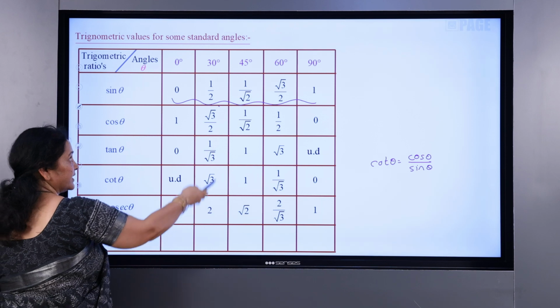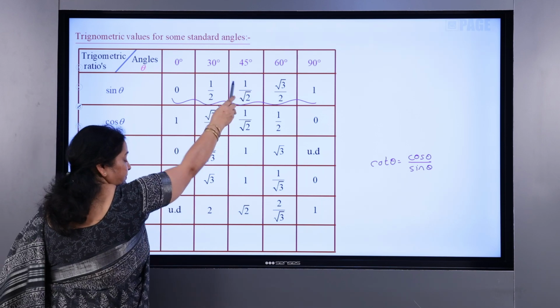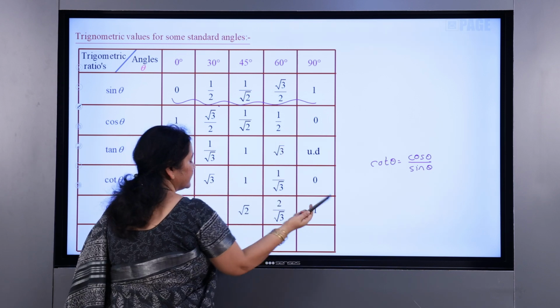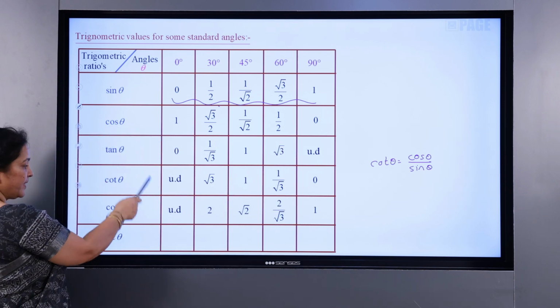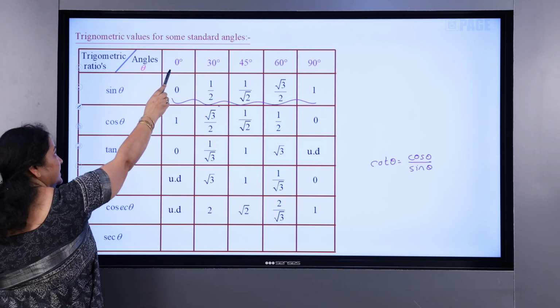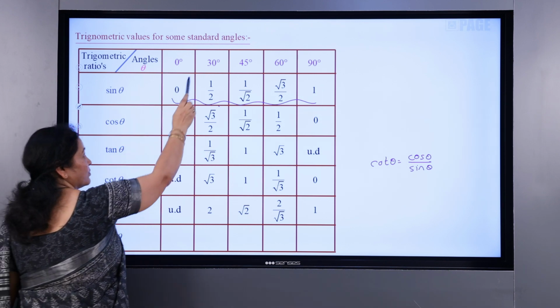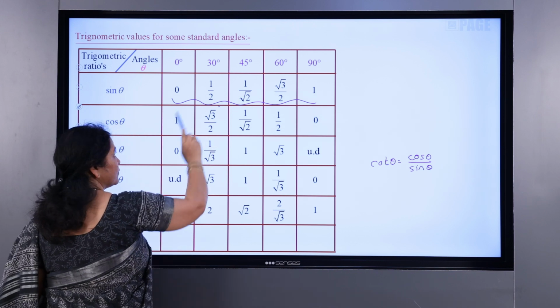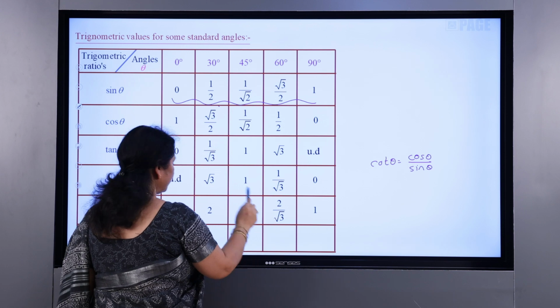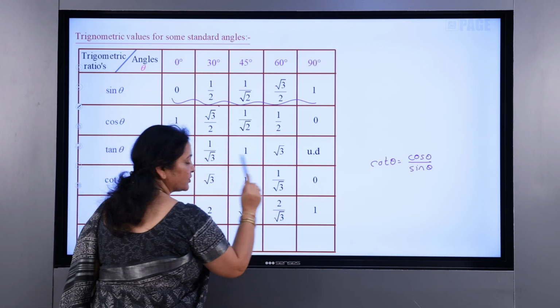We get cosecant theta. So reciprocal of this is root 2, reciprocal of this is 2 by root 3, and this is nothing but 1. So coming back to cosecant theta, what are all the values that are possible? Cosecant 0 degrees is undefined, cosecant 30 degrees is 2, cosecant 45 degrees is root 2, cosecant 60 degrees is 2 by root 3, cosecant 90 degrees is going to be 1.